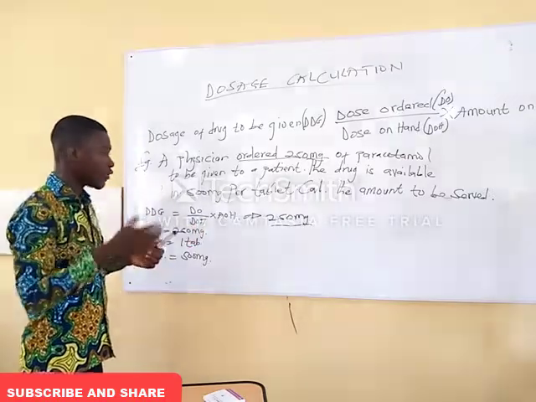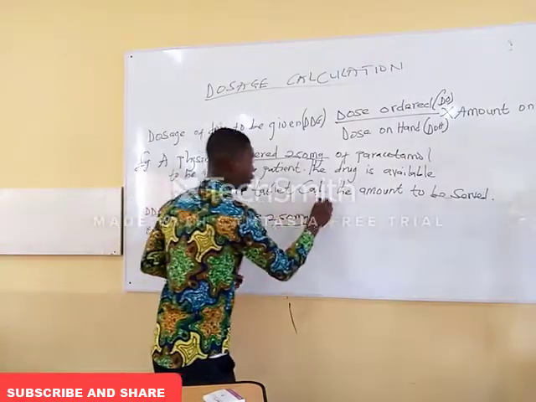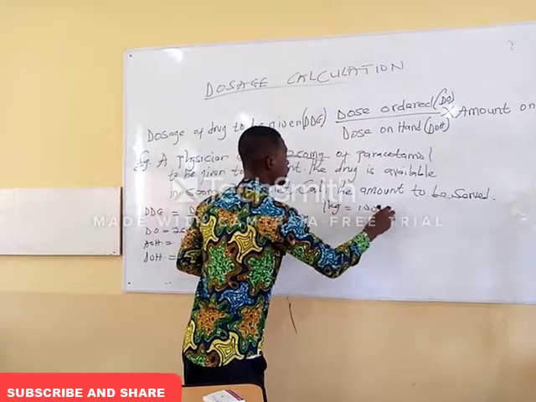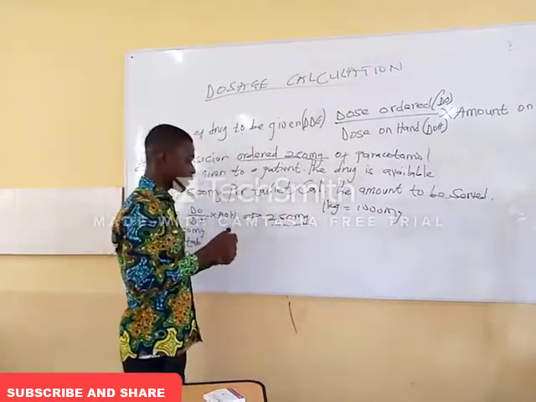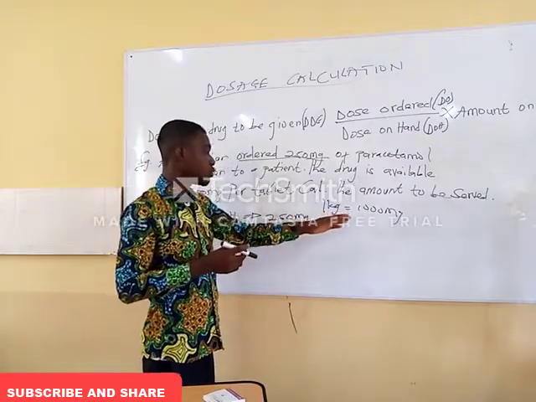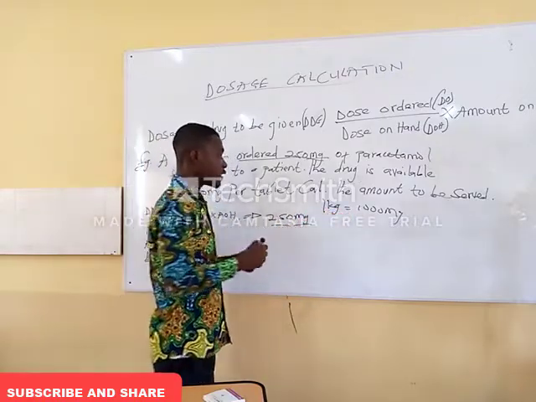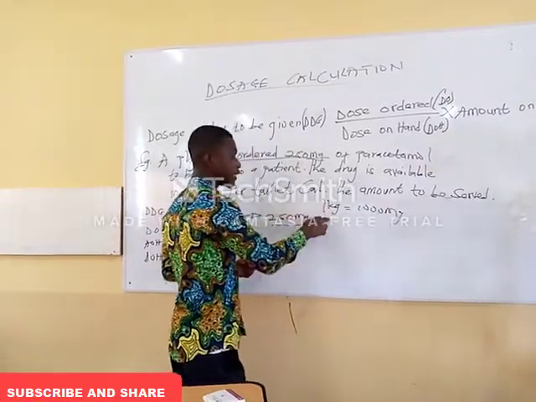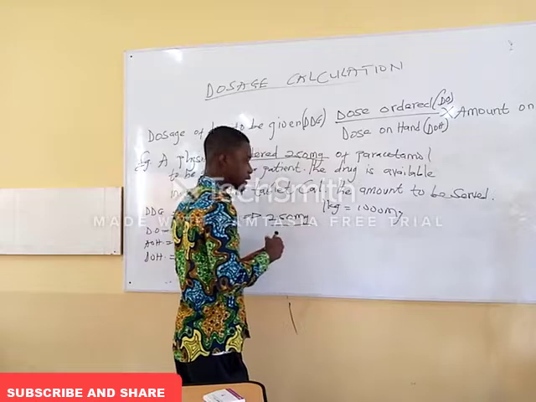So let's say conversion: 1 kg is equal to 1000 mg. So if the unit is in kilogram, you convert it to suit you. If it is in milligram, and the other ones are in kg, you convert it.